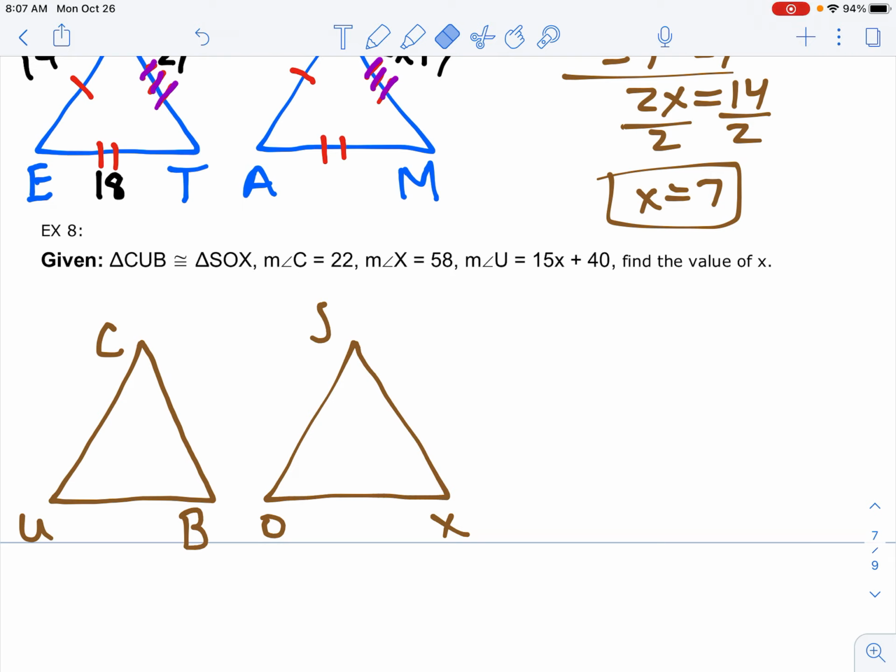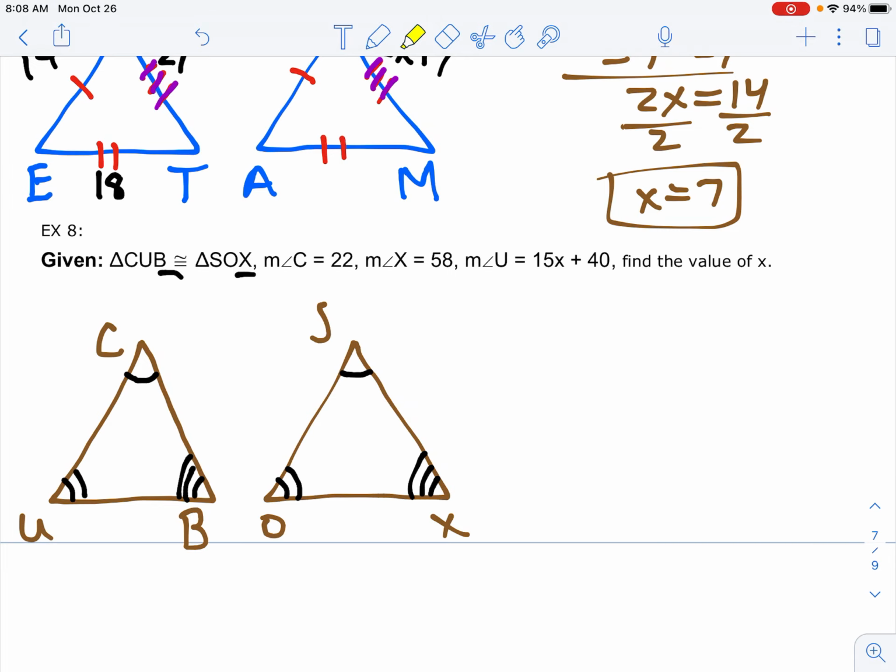Angle C goes with angle S. The first two letters get a curl. Angle, I'm going to slide over. U will go with O. So let's go 2 curls, 2 curls. The last letters, B and X, let's put 3 curls to show they are equal to each other.